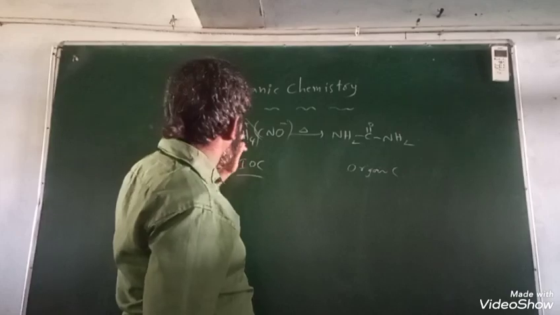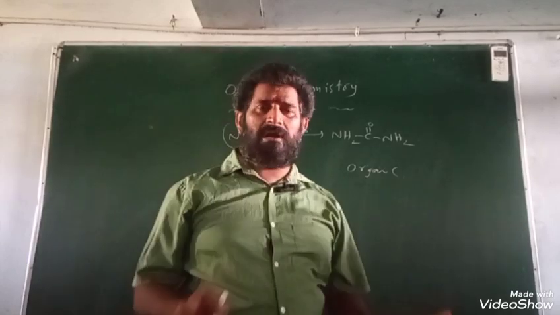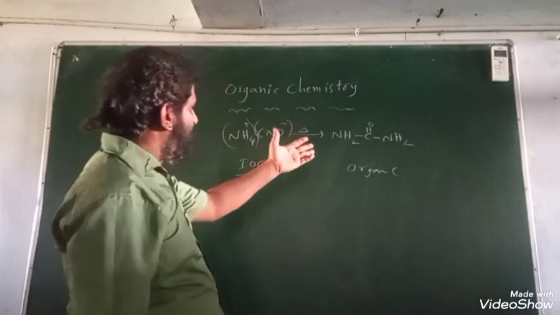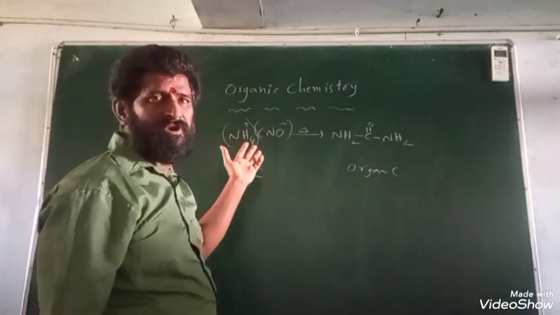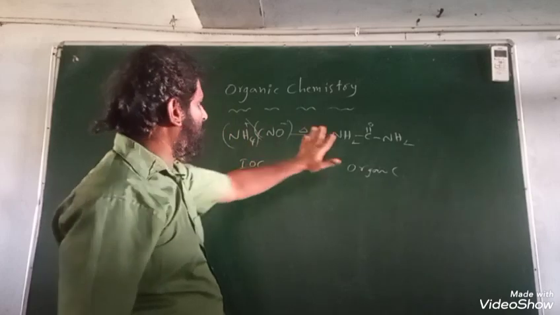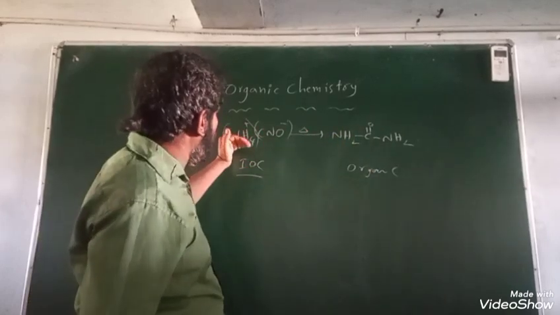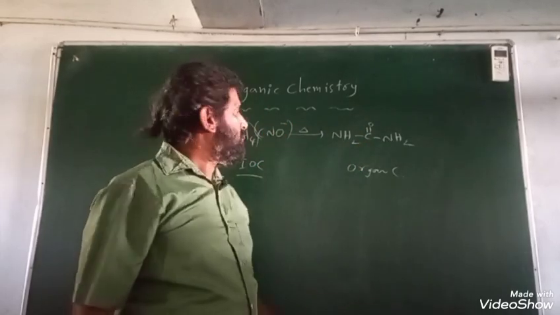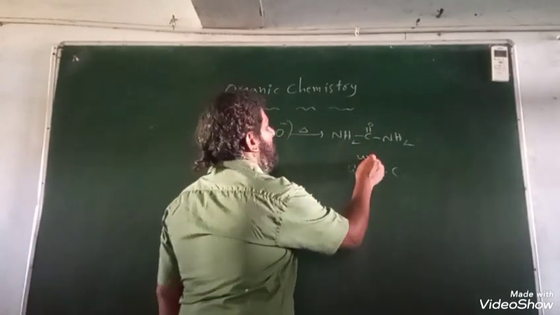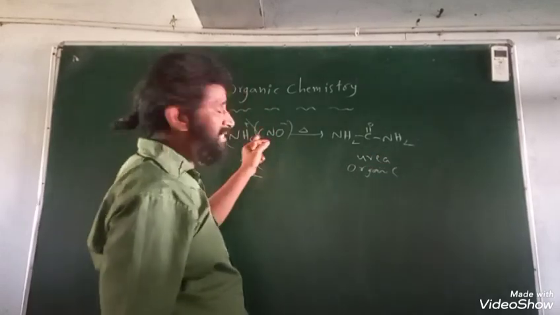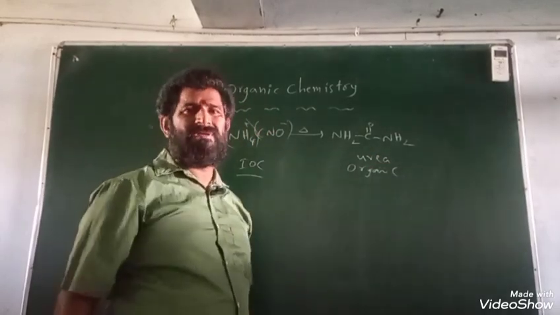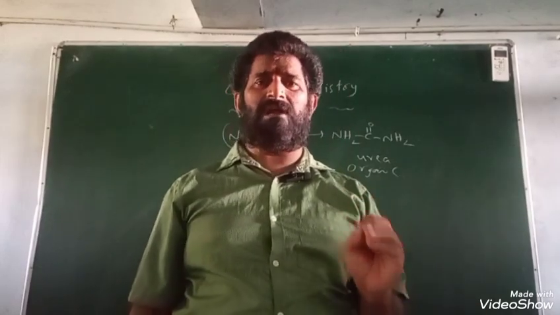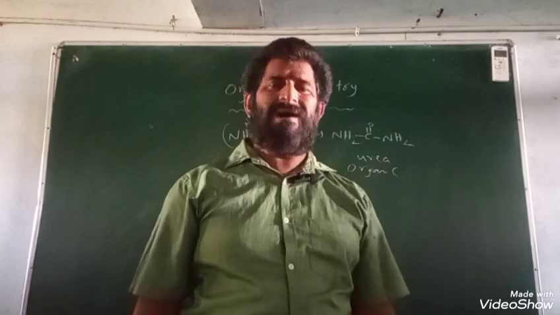So, any compound containing carbon and hydrogen which are connected through a covalent bond is known as an organic compound. The molecular formula is the same, NH4CNO, but the structure is different: here ammonium cyanide, two ions, and here like this. So this urea is an organic compound, and this ammonium cyanide is an inorganic compound. I hope you got the point.